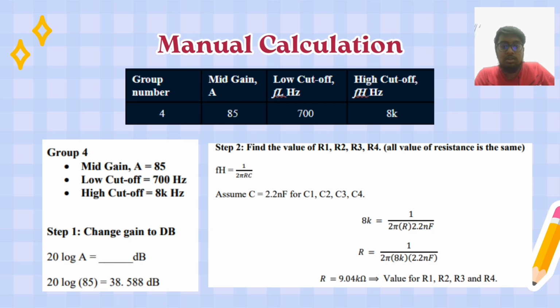From the equation FH equals 1 over 2 pi RC, we solve and get the R value, which is 9.04 kilo ohm for R1, R2, R3 and R4.